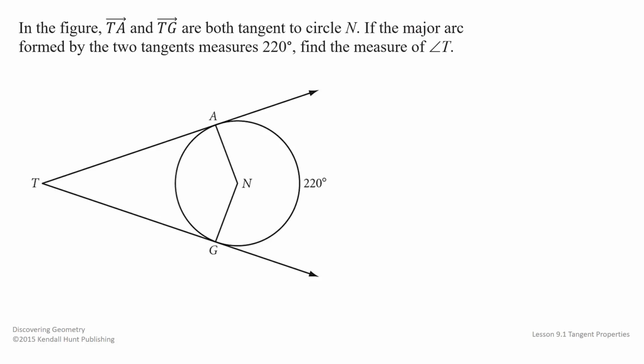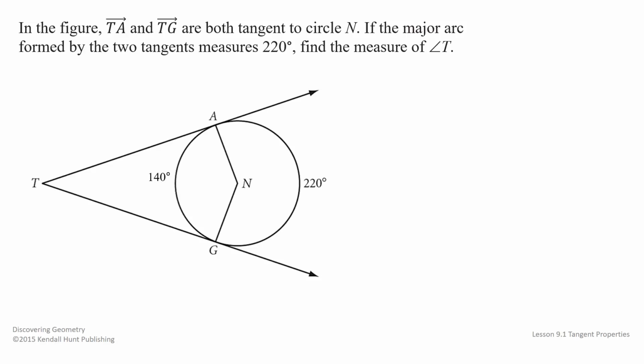One of the things you should always remember: how many degrees are in a circle? You should know that they are 360 degrees. For every circle, no matter the size, every circle is 360. So if from A to G on the right is 220, the opposite side of the circle is 360 minus 220, which in this case is 140.